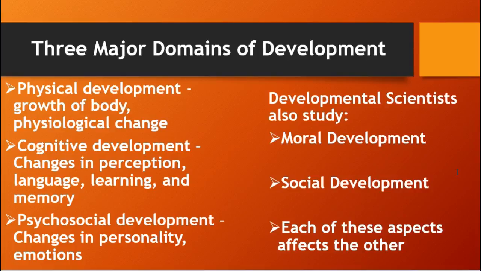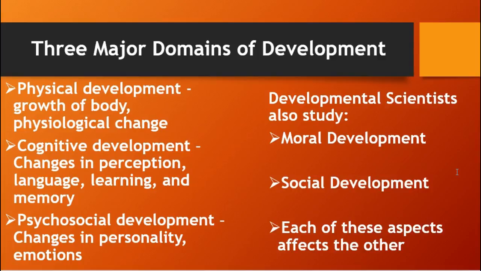How do we learn? And we'll talk about memory, and we'll talk about information processing. Then there is psychosocial development, where we look at changes in personality and emotions and how one reacts in the environment and with others in groups.